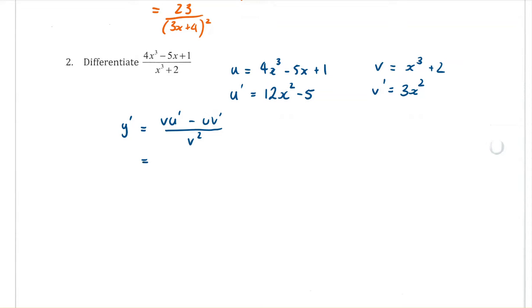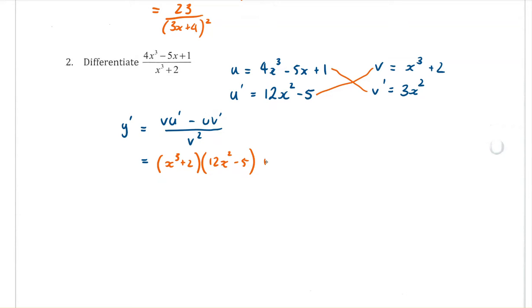Subbing in. V times U dash. Because there's 2 terms in each of them, put them in brackets. So I'm going to put my x cubed plus 2, that's my V. My U dash is 12x squared minus 5. Then I want U times V dash.